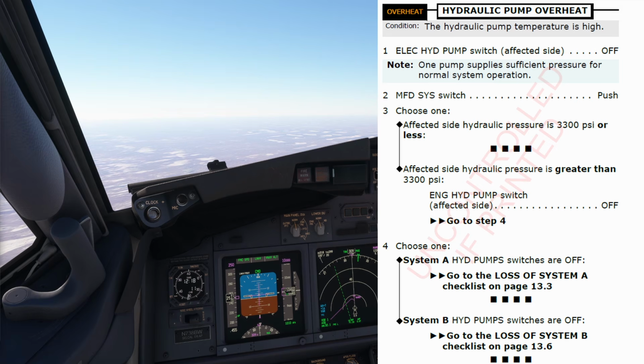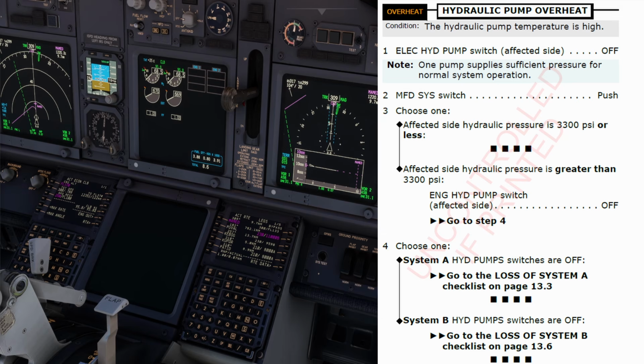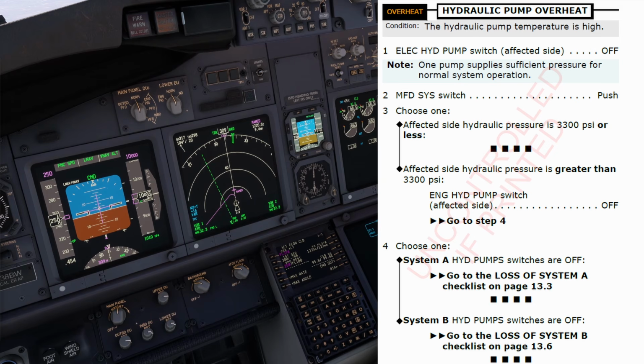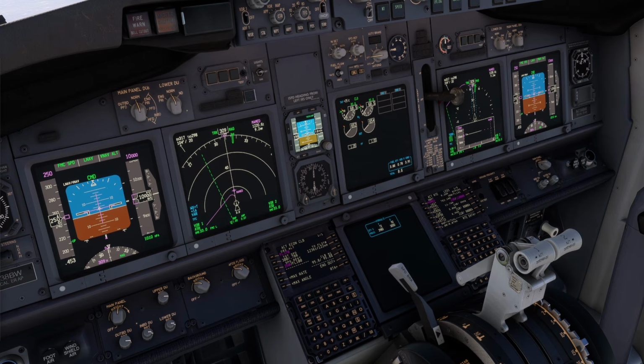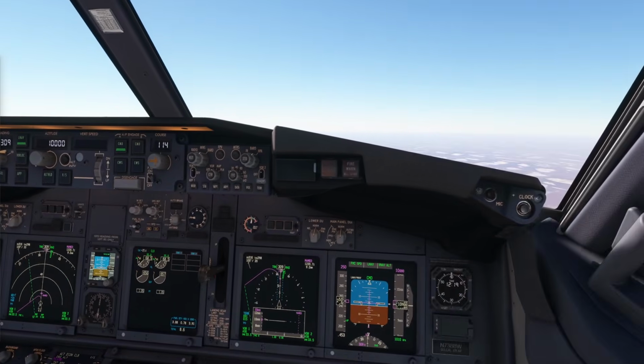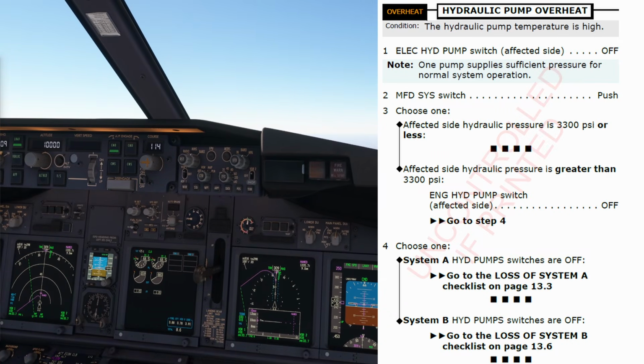MFD system switch, push. Choose one. Affected side hydraulic pressure is 3,300 psi or less, or affected side hydraulic pressure is greater than 3,300 psi. The pressure is lower than 3,300 psi. I agree. In this case, the hydraulic pump overheat checklist is completed. Thank you.